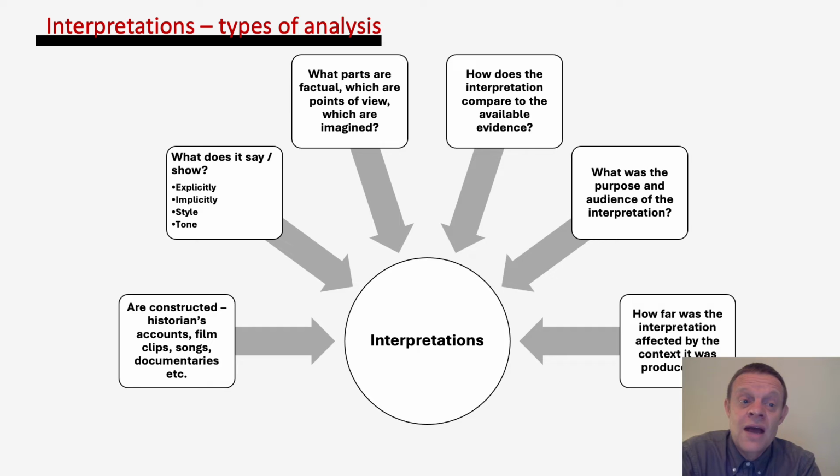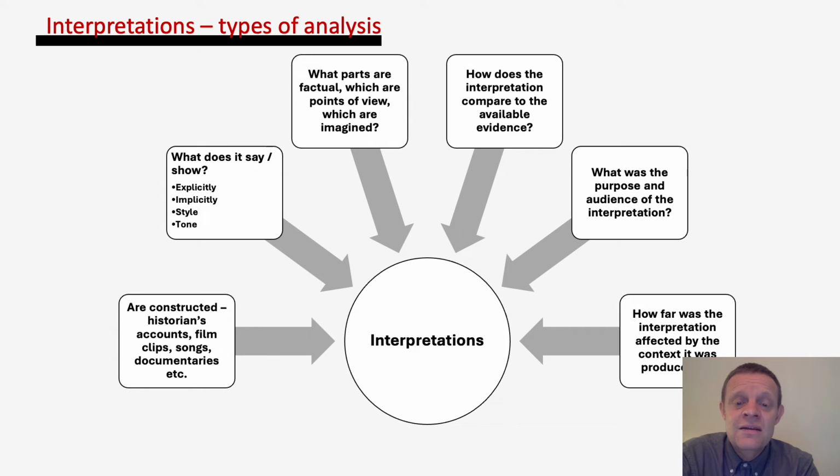We can look at the style it's written in or made in. And with historians' work, we can look at the words they use and the sentences they use, and we can evaluate the tone of it as well. So we can spend some time digging into the message, how it's written, the style and tone that it's written in.